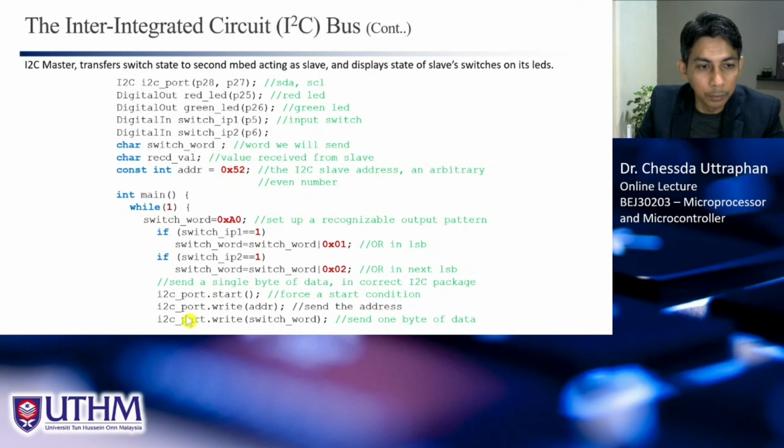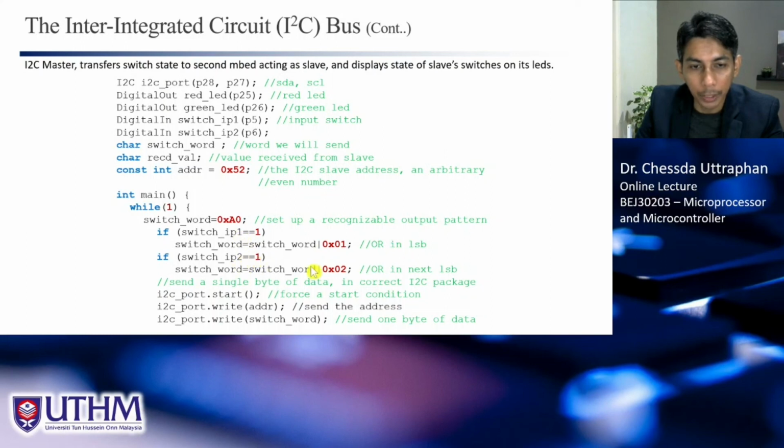So in the main loop here, we set this variable switch word to be A0, which can be any value actually. The most important thing is this one. So if IP1 or switch is equal to 1, the switch word will be this value, which means that we have A1 if switch 1 is pressed.